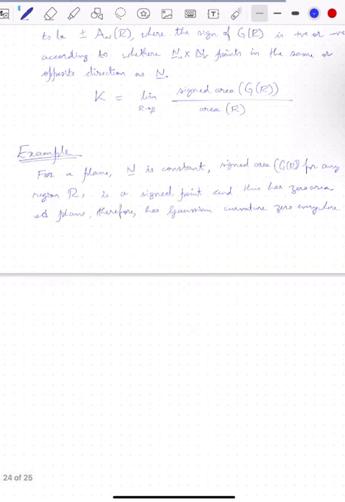Otherwise, say if we look at just the magnitude of K, right? So magnitude of kappa is equal to, for some region R delta, the integral of n u cross n v du dv divided by the integral over region R delta of sigma u cross sigma v du dv.